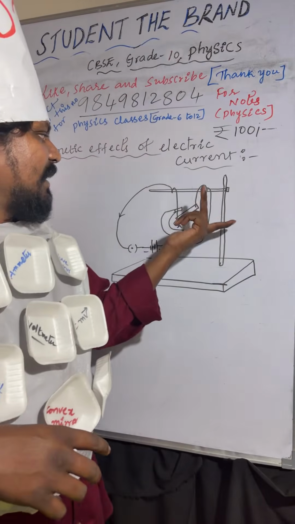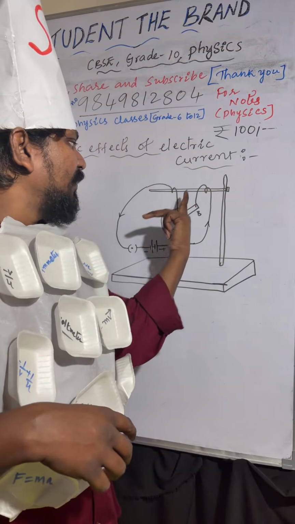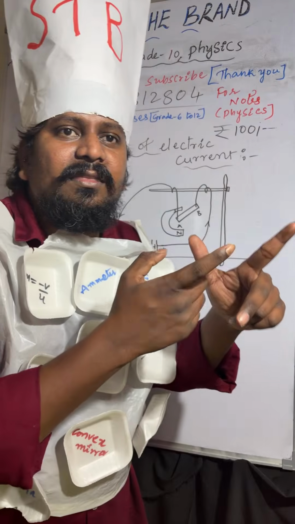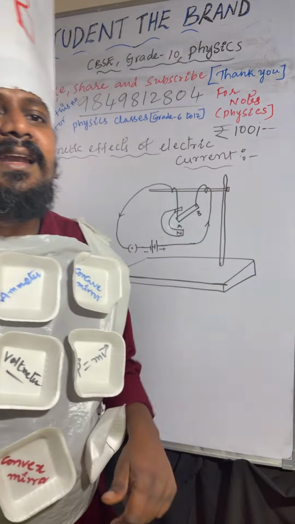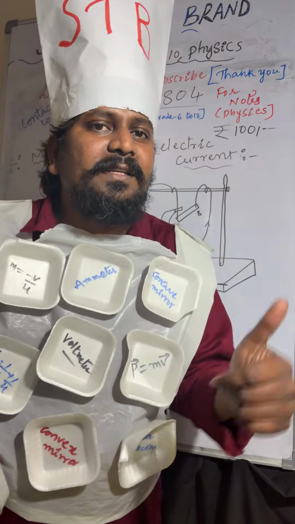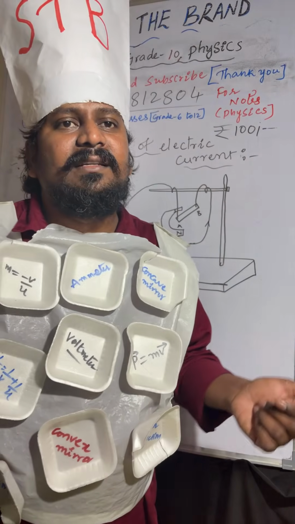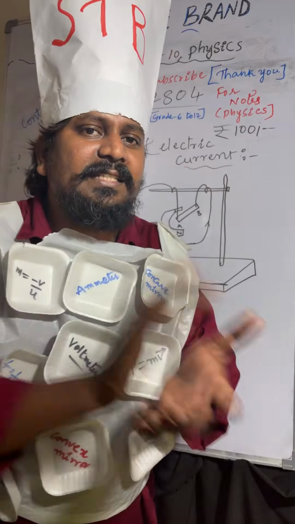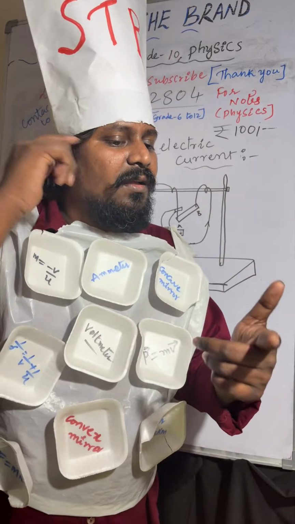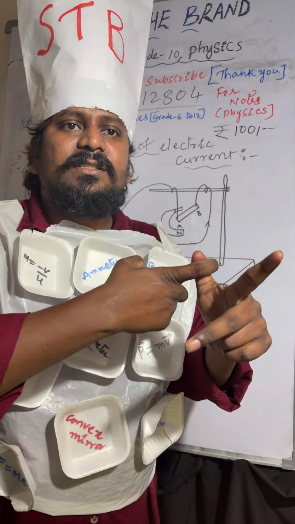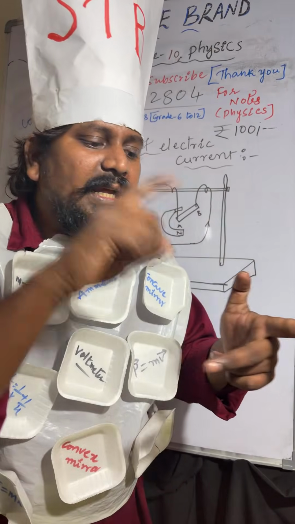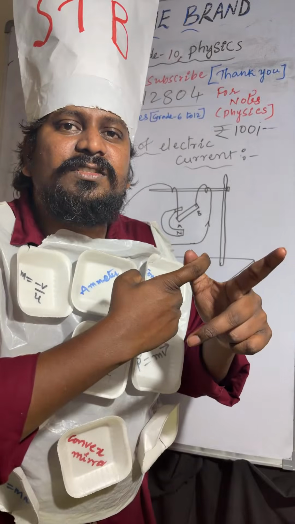So you have to place like this: magnetic field, current direction, thumb. The thumb represents the force acting on the conductor. Are you understanding? Once again: magnetic field, current, force.